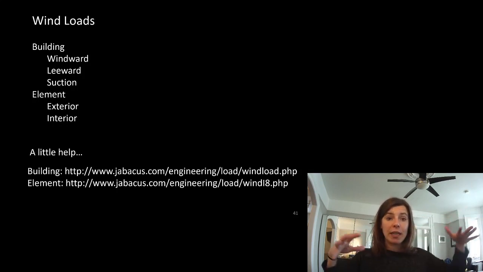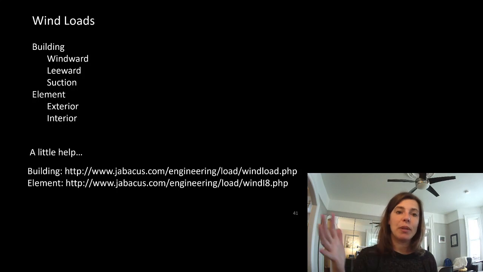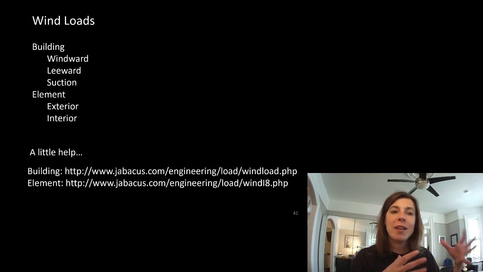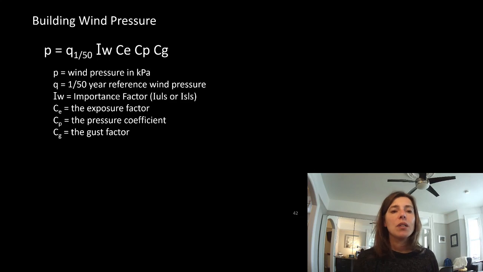So we have the building as a whole, and then we have exterior elements of the building that have wind on it. But the inside of buildings have wind pressures as well, so we have to worry about those too. So the basic building wind pressure equation looks like this. Instead of a W here, which would make sense, we write P for pressure.